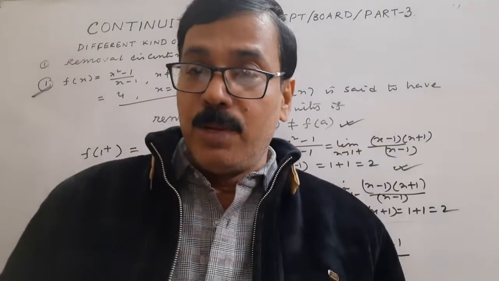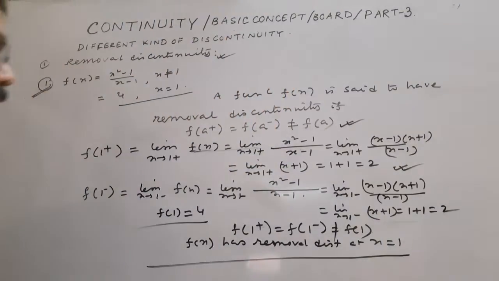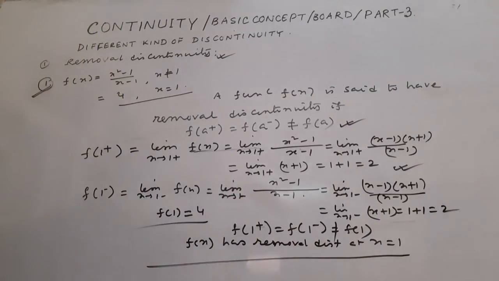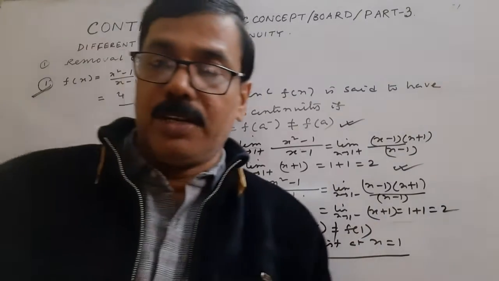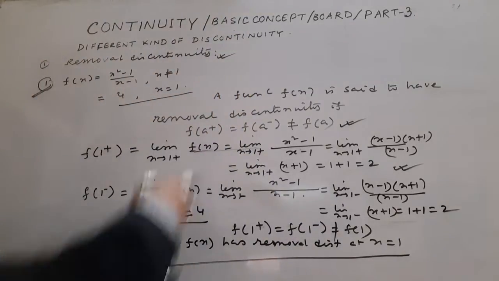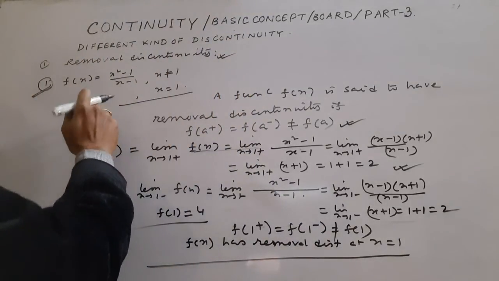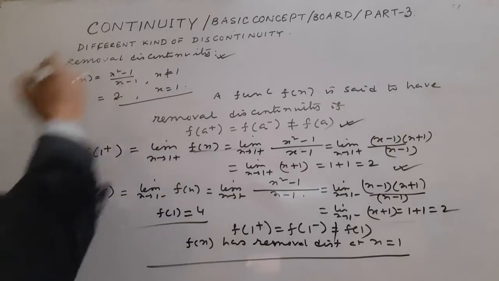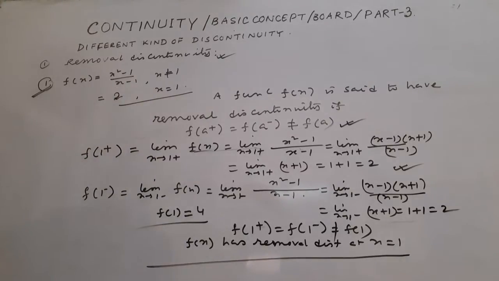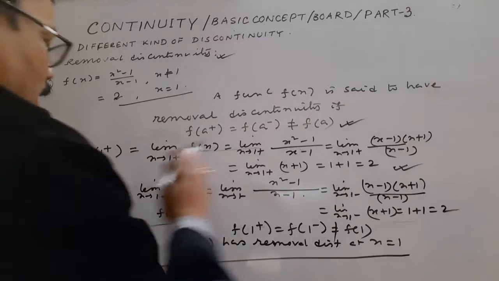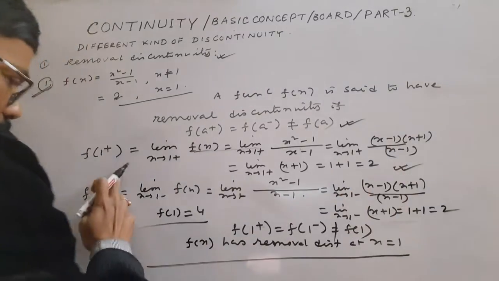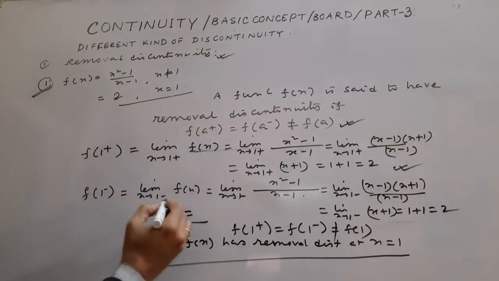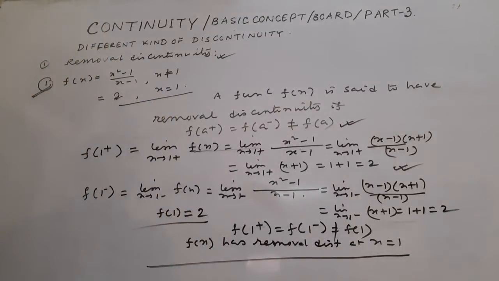So why the name removal? Look, the right hand limit equals the left hand limit, not equal to the functional value. Look at the problem. If we change this definition, suppose f(1) = 2, then what will be our problem? f(1+) is 2, f(1-) is 2, and f(1) equals 2.